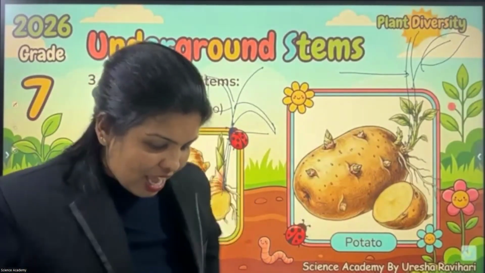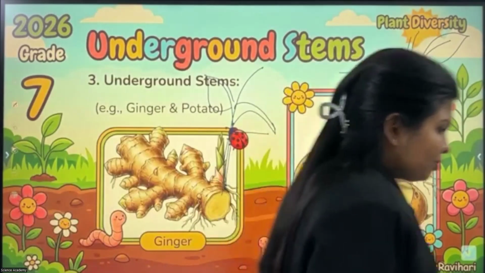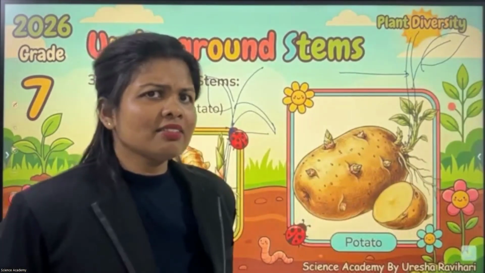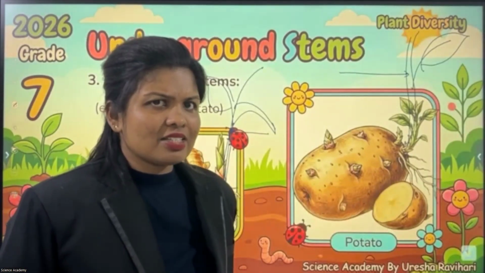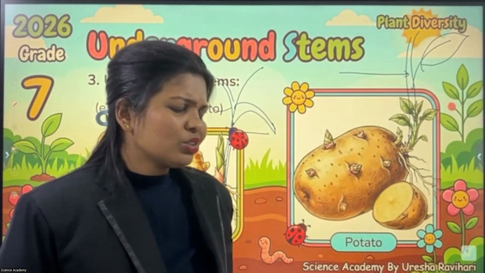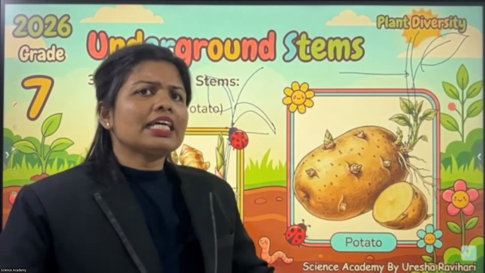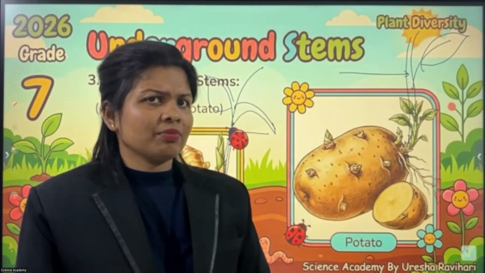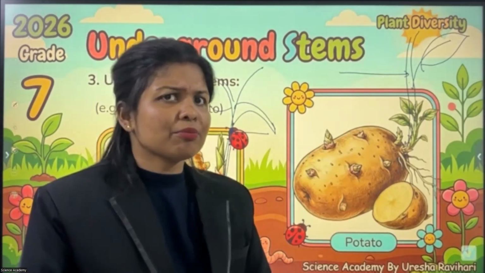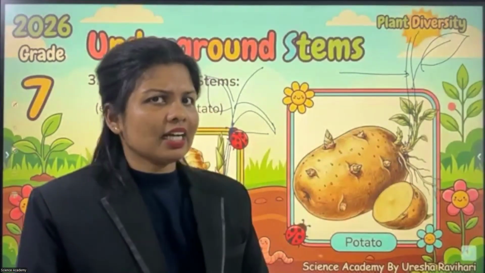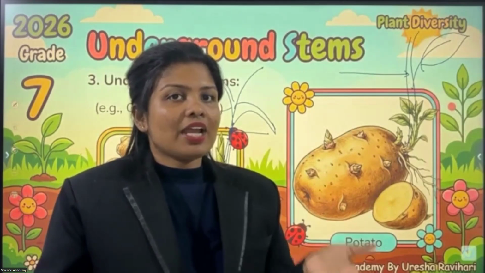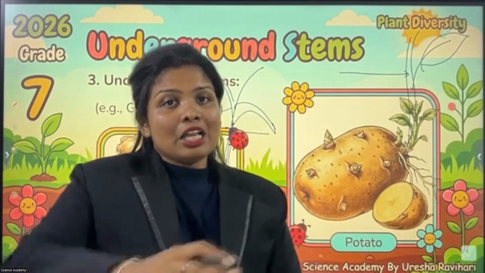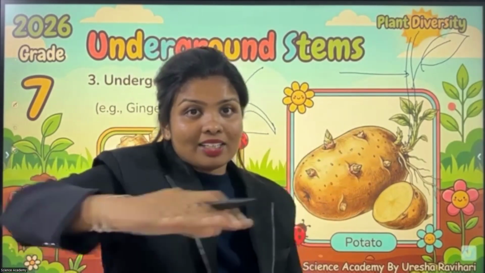Okay, children, have you seen banana trees? When I was schooling, I also thought that the banana stem means the green colored one coming out from the ground, just like a stem. But when the teacher taught us, I understood that the real stem is located underground.